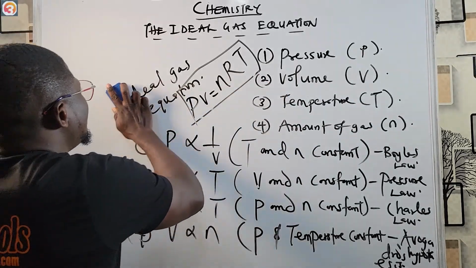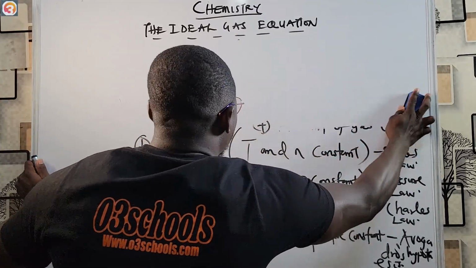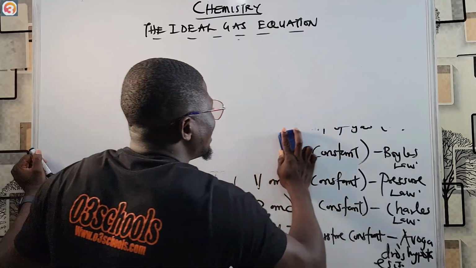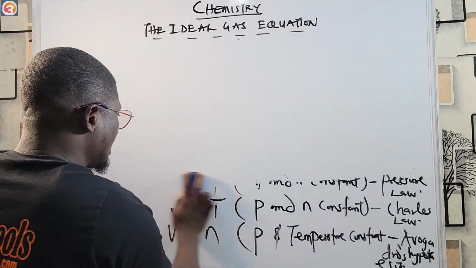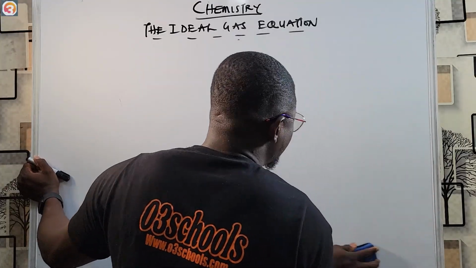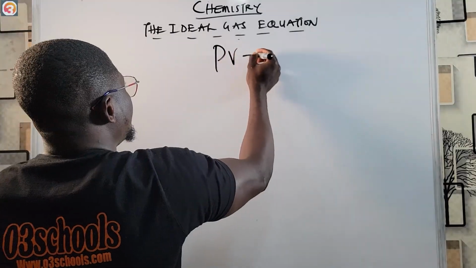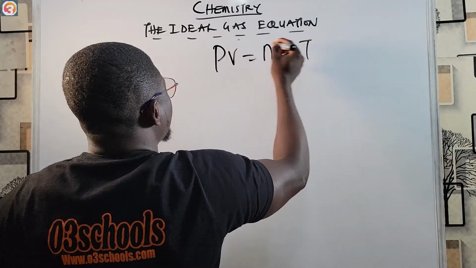So now let's see it clearly and draw some points, because this is where examiners get students down. So I say in the ideal gas equation, PV is equal to nRT.